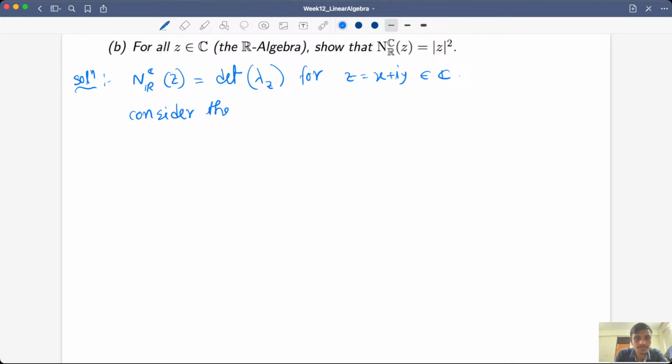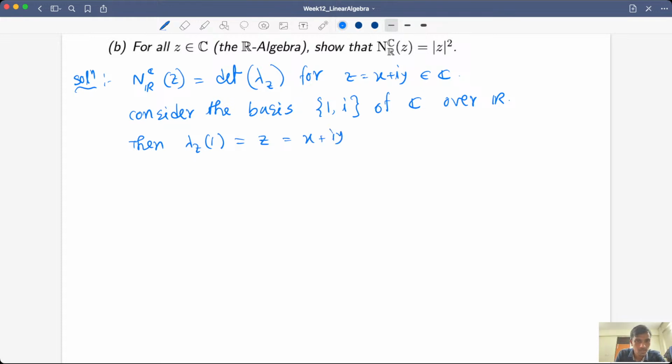Consider the basis 1, i of C over R. Then lambda z of 1 is just z multiplied with 1, so this is z, that means x plus iy, and lambda z of i is iz, which is minus y plus ix, right?